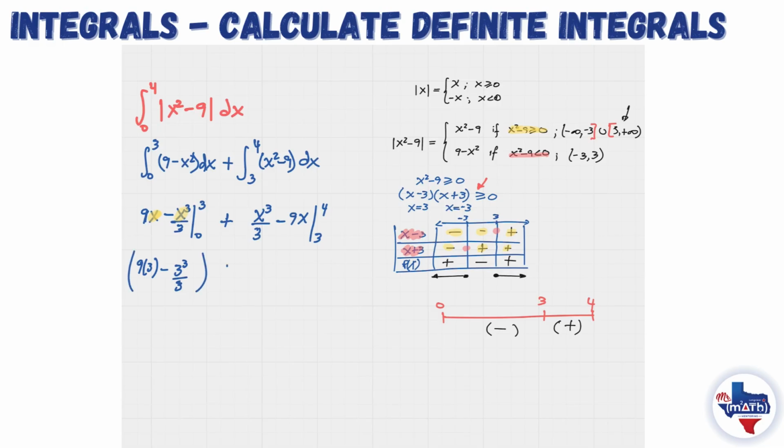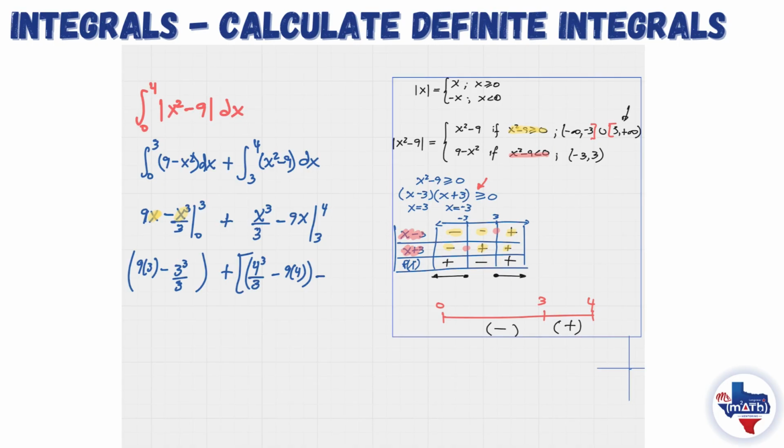And this will be plus, now the function evaluated on 4, this will be 4 to the cube over 3 minus 9 times 4. Let's place this in parentheses so it's easier to understand. Minus the same but evaluated on 3.